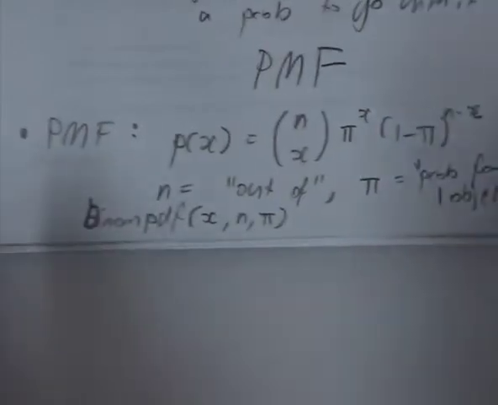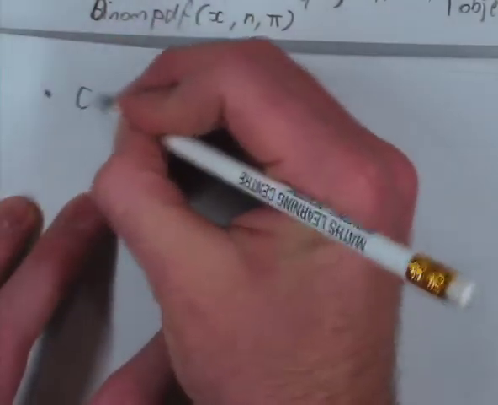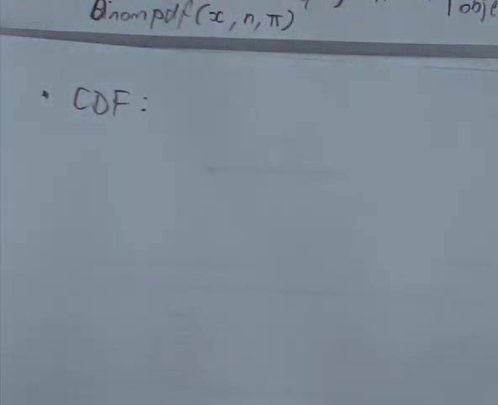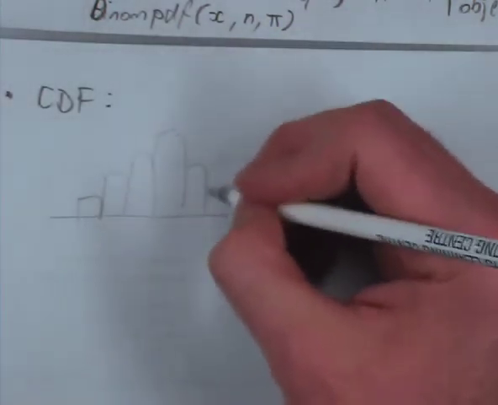However, there's also this thing called the cumulative distribution function. The CDF is cumulative, and it adds it up from one end. So the picture that's going on here is that you've got a probability for each possible x.